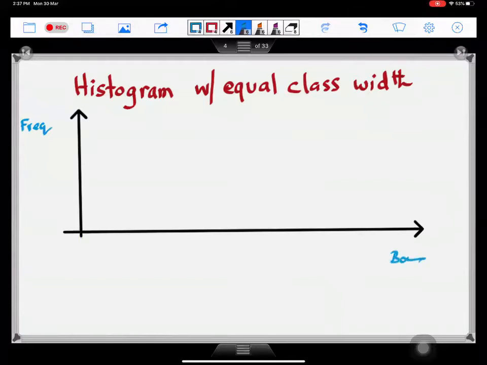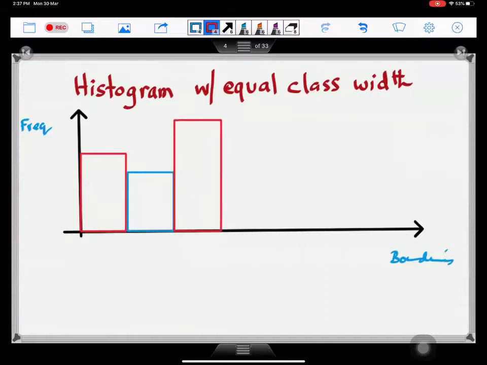And you would have different kinds of bars drawn. All the bars will be of equal width, right? I'm just drawing a rough diagram, so if they are not equal, bear with me. Something like this. And then something like this. And then something like this.